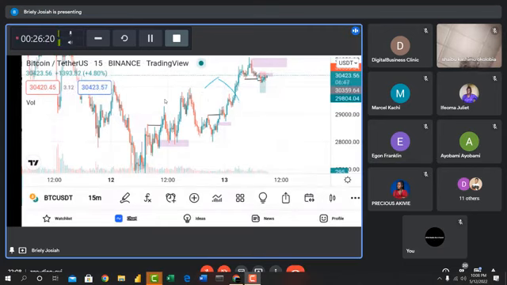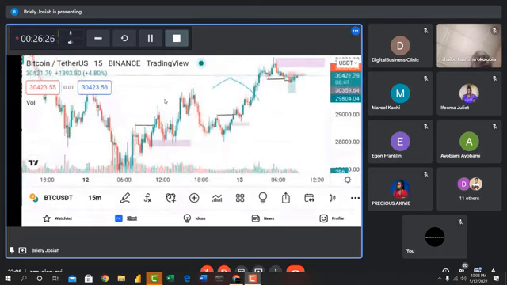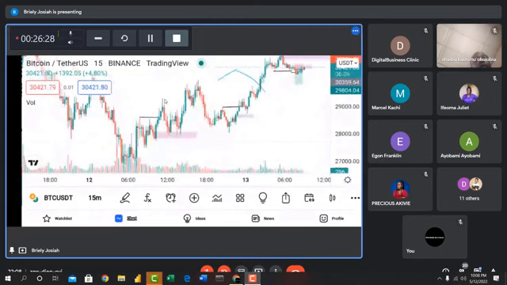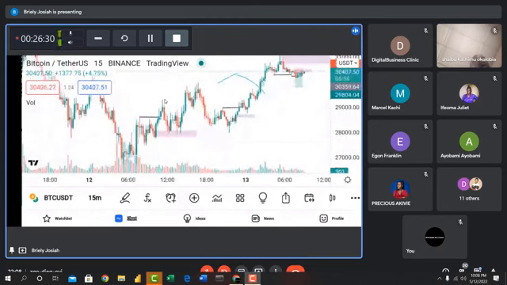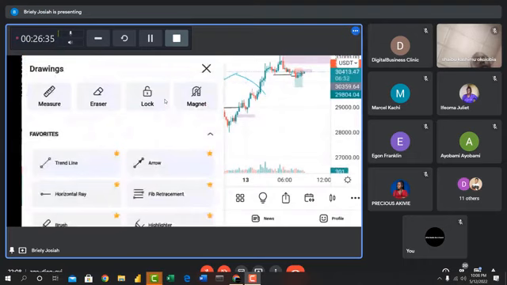So from the look of things, I think we don't even need to talk about supply and demand. It's basically about structures. I think the higher high and the higher low stuff. So let me see if I can just mark them out.